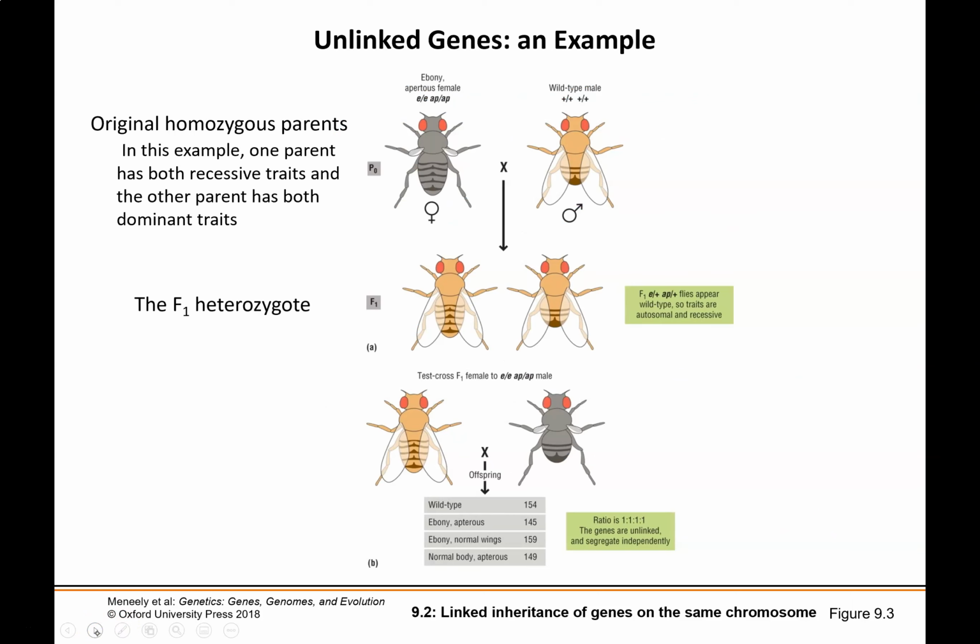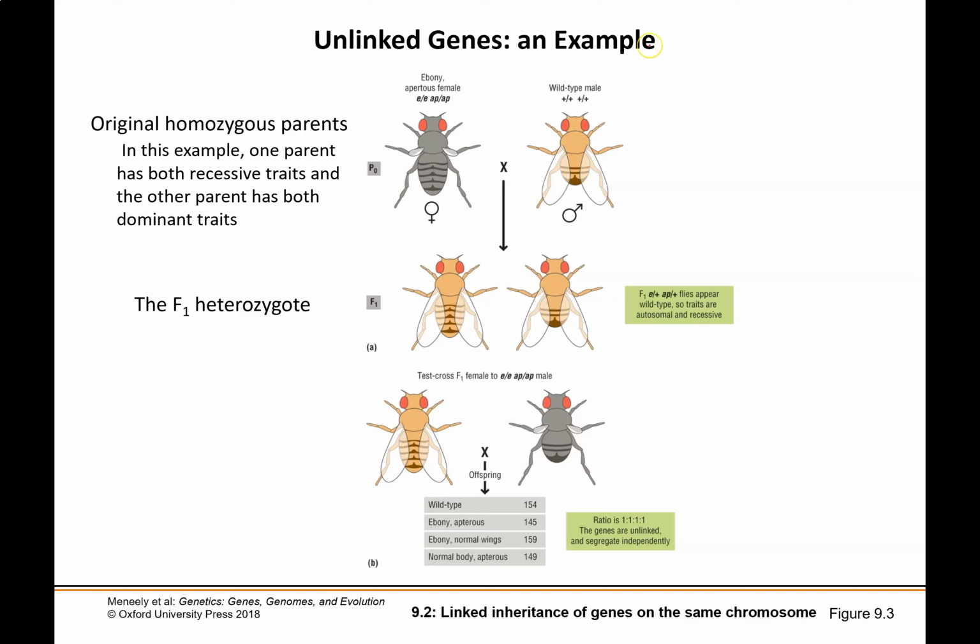So if we were to do this with a drawing or a picture of some actual traits, you can see what is happening here. With unlinked genes, the original homozygous parents, we are looking at two different traits, color and wing size in fruit flies. Our normal wild type is there on the left. This is the tan color that we saw during our fruit fly lab with the large wings.